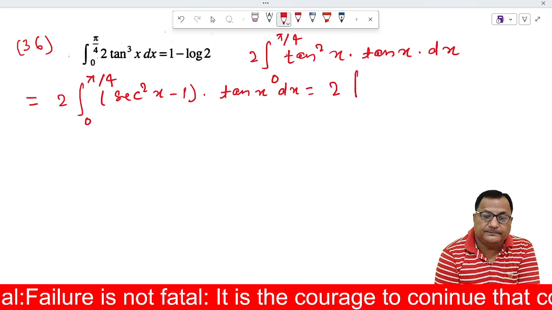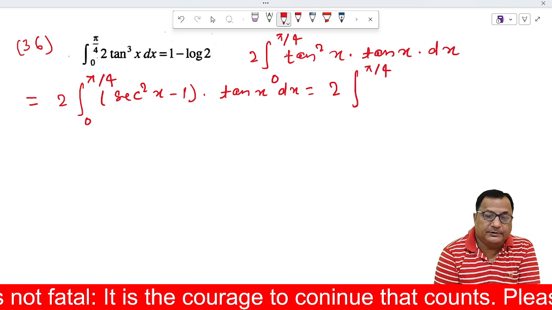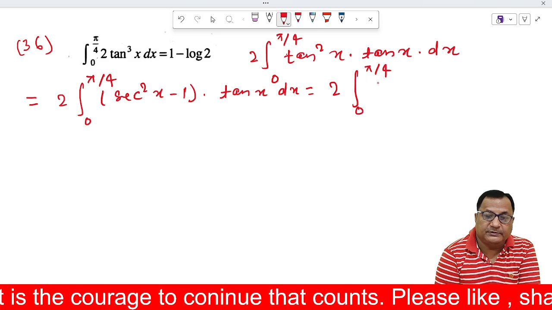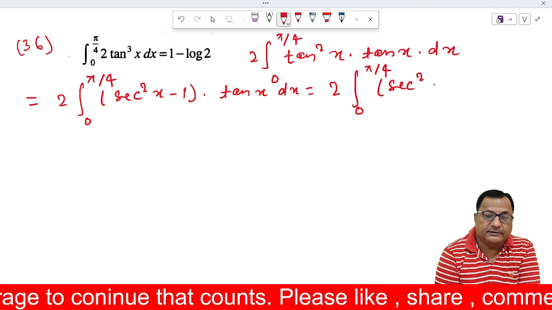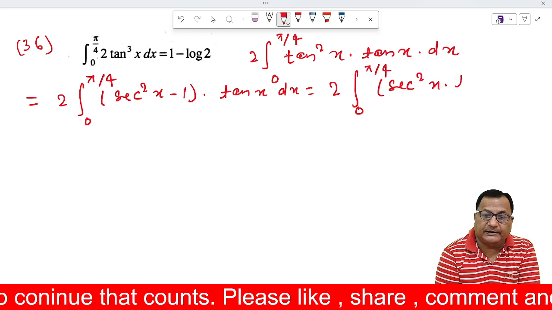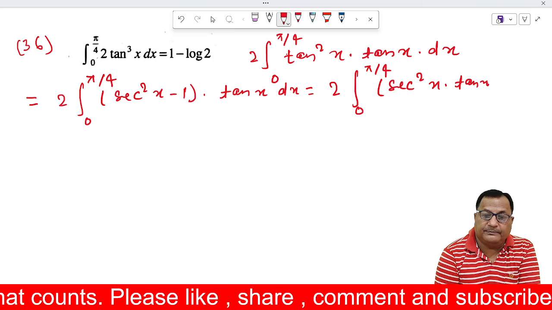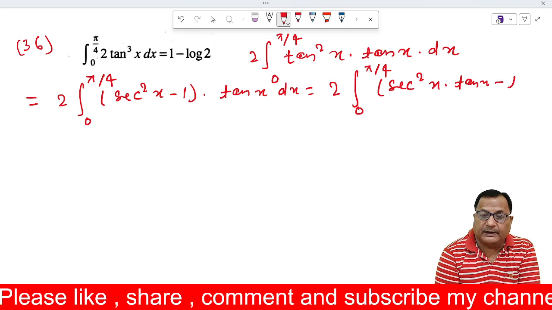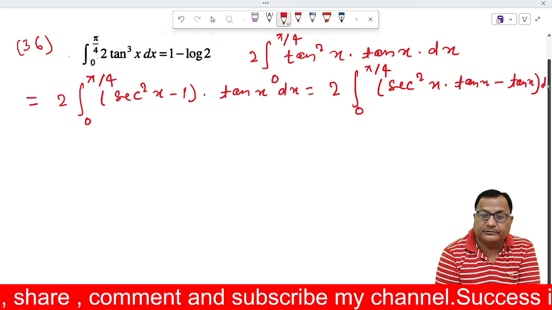2 times the integral from 0 to pi by 4. If you multiply this, it will be sec square x into tan x minus tan x, dx.